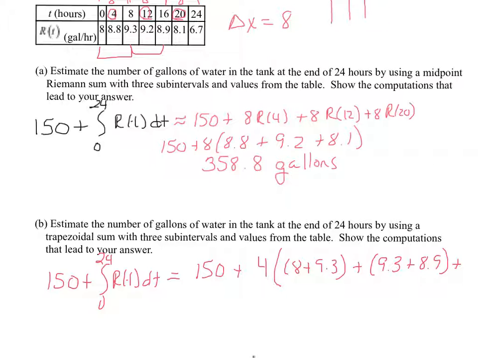Plus 8.9 plus 6.7. So here we take this and this and this and, wait a minute, not that one. We have to do this one twice. And this one we'll have twice.